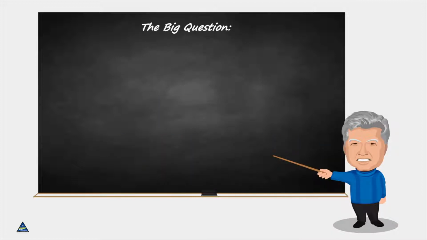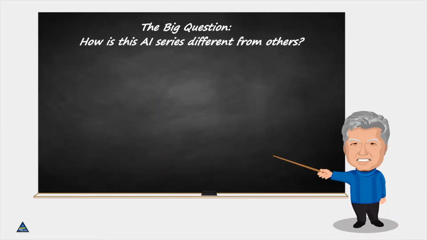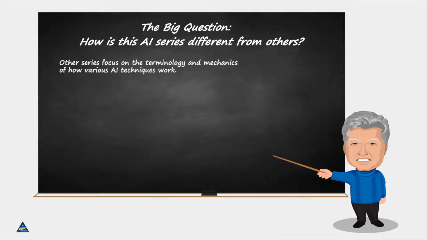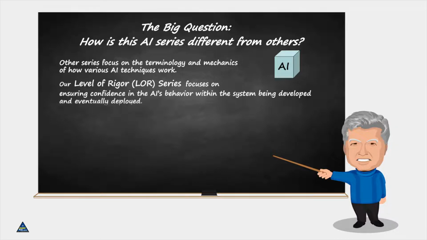What's the big question? How is this AI series different from the others you've been watching? Other series focus on terminology and mechanics, and we'll do that too. Yet what we're going to focus on is level of rigor tasks. That's focused on ensuring confidence that the AI being developed will meet expectations.